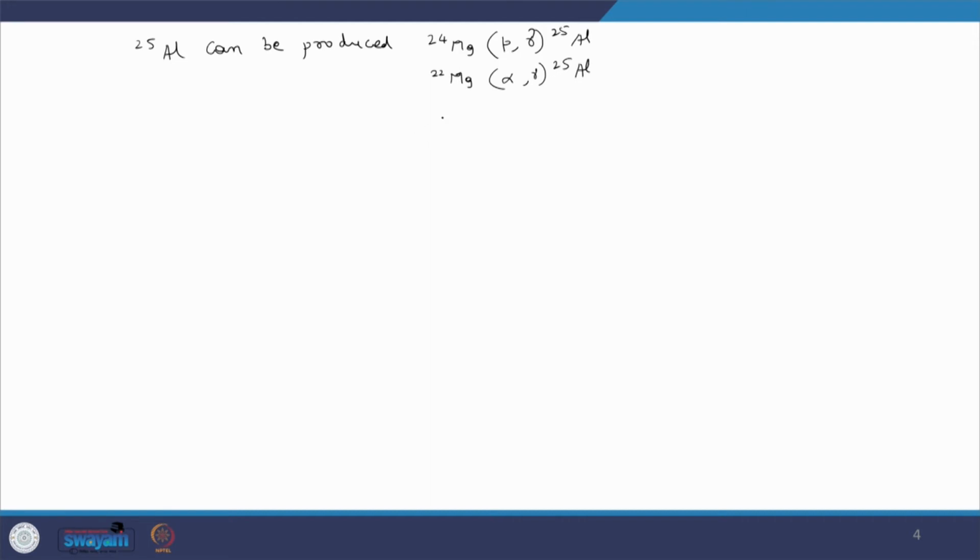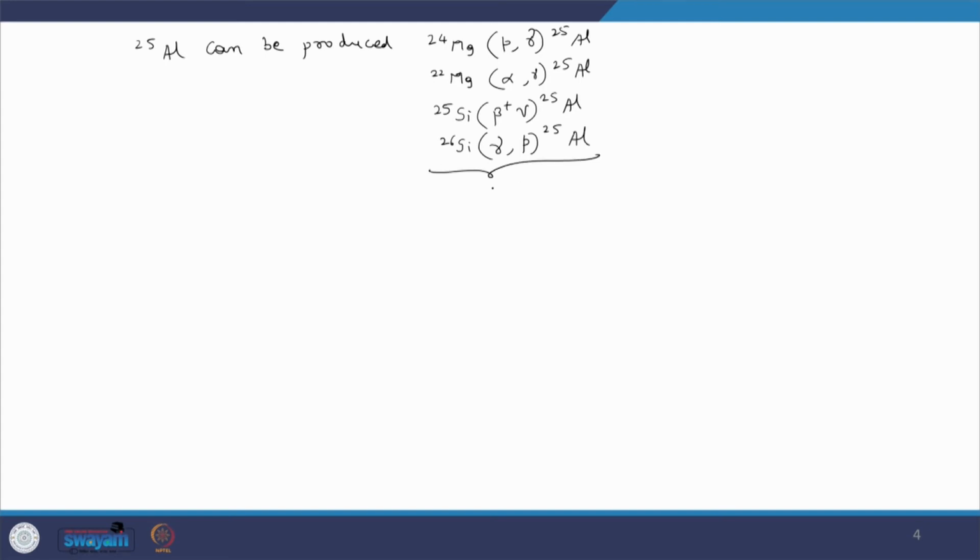Not only that, there is a nucleus 25 silicon, which undergoes positron decay giving rise to a neutrino, and that also can produce aluminum 25. Not only that, if enough energy is available, gamma can react with 26 silicon, producing a proton and 25 aluminum.